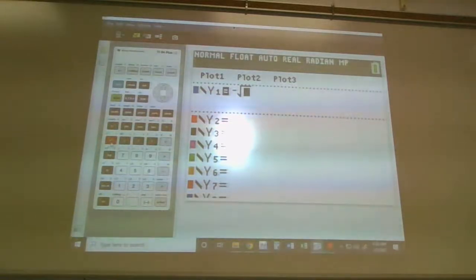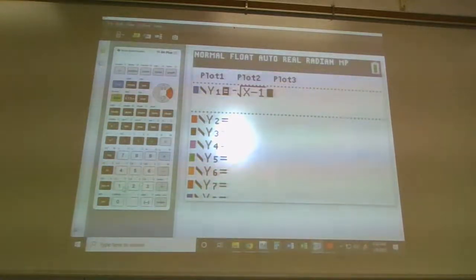Whatever. I'm going to have to put in x minus 1, and now there's nothing after it. Sometimes there will be a number written after it, which we will do in number 5 in a little bit. But this is how number 2 would be typed in.